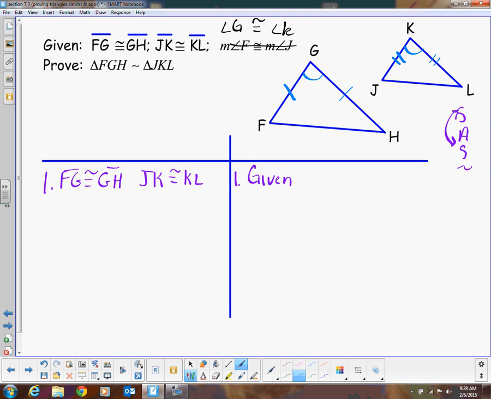So let's deal with sides. What should the sides be in? I just did the given. Okay. Sides are in what on similar figures? Sides are in proportion. They are not congruent. So FG in the bottom triangle corresponds to what in the upper triangle?